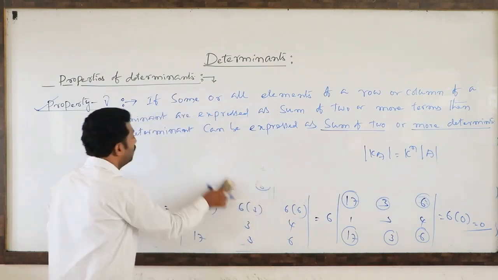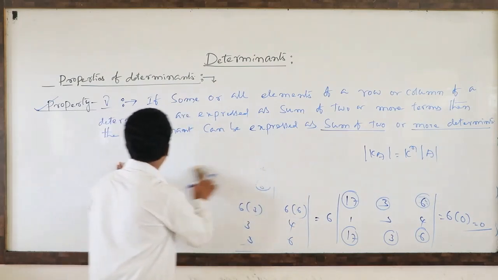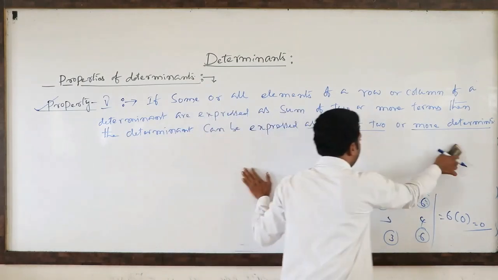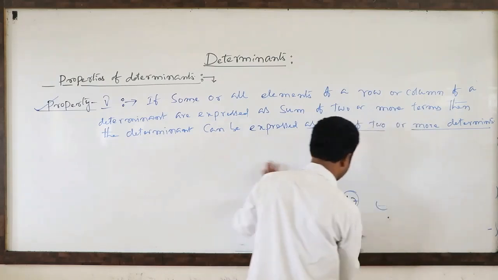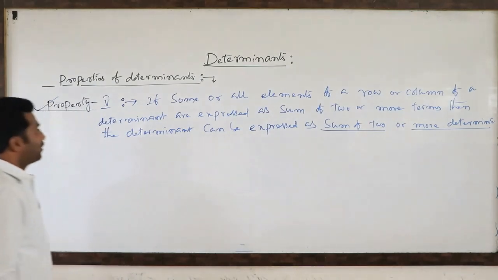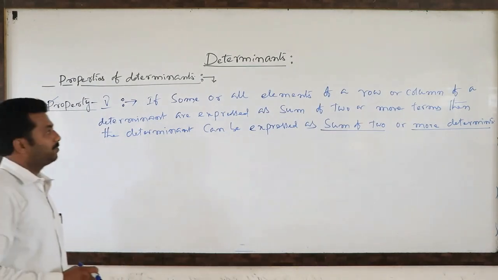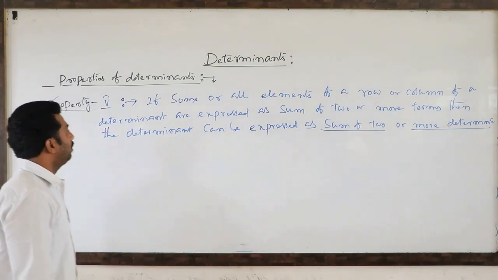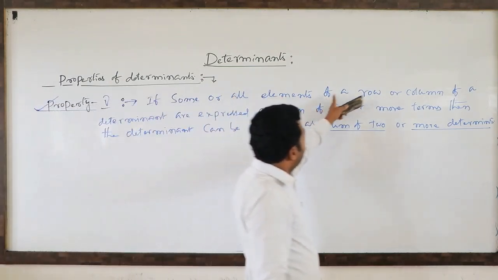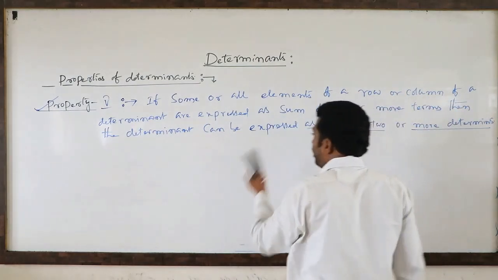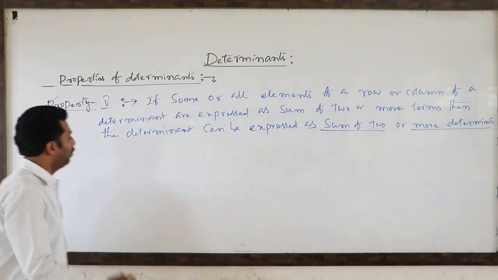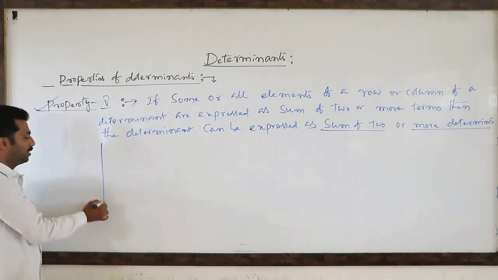Next, you see property number 5. If some or all elements of a row or a column of a determinant are expressed as sum of 2 or more terms. One simple example I am taking.